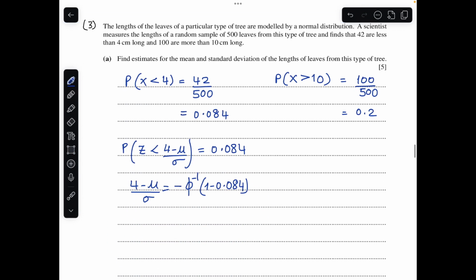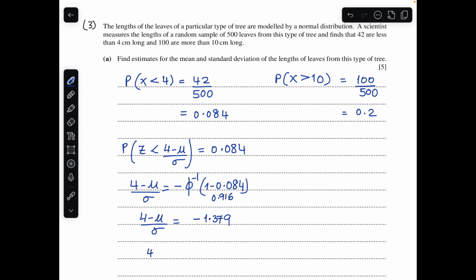Remember, the sign of phi inverse depends on this step. Don't get confused, because if you forget to look at it at this step and when you do 1 minus you get a number which is positive, you'll be confused. So look at that step to decide the sign. So this is going to be negative 1.379 because this is going to be 0.916.